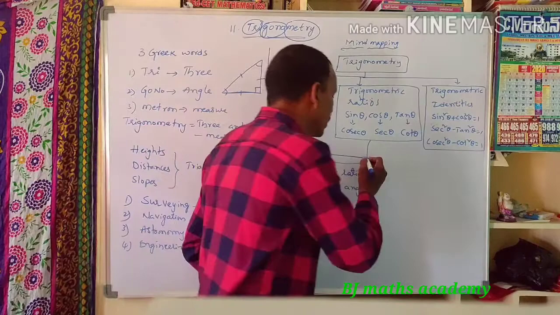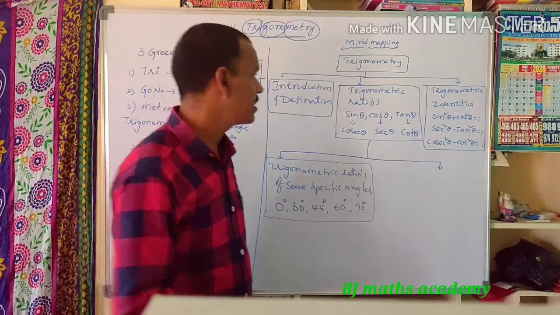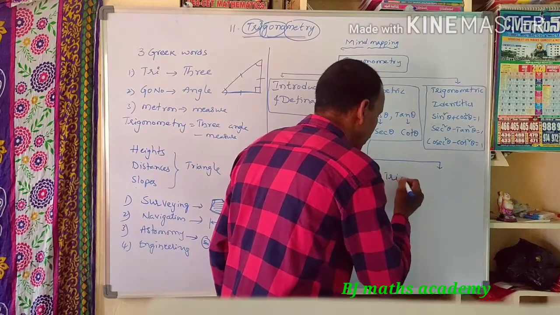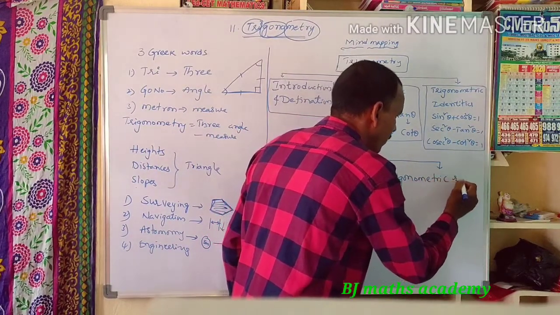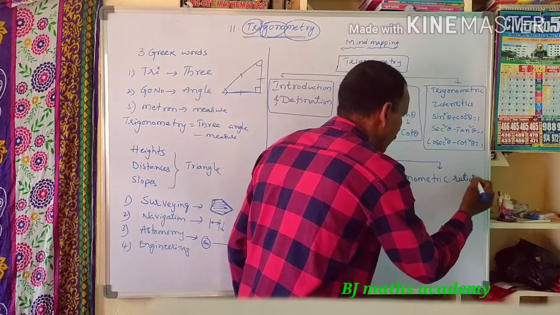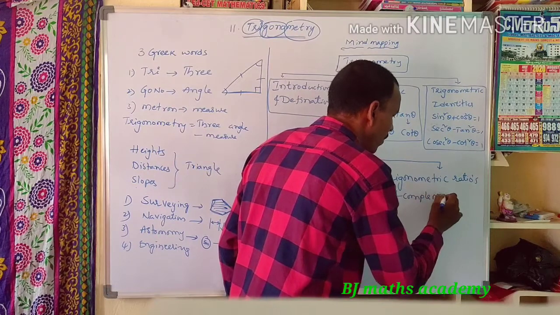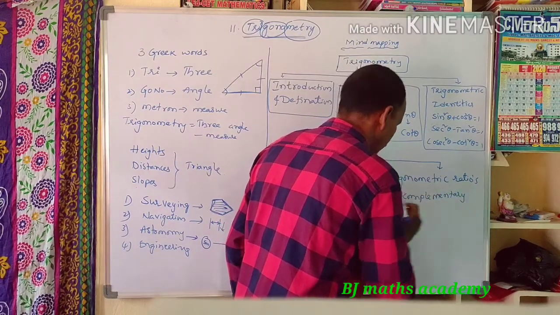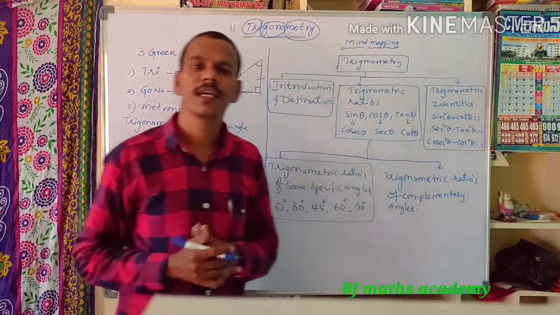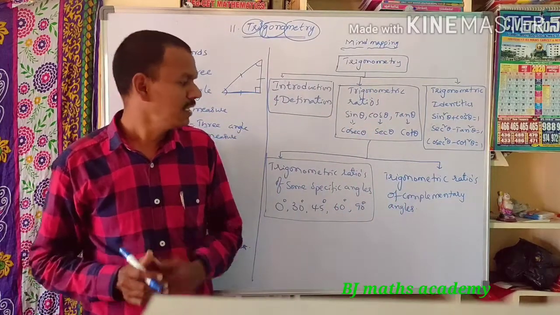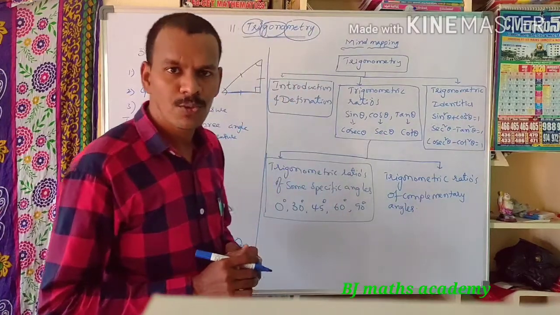Now go to the other dividing part, that is trigonometric ratios of complementary angles. So what is meant by complementary angles? Already we have studied about complementary angles. Complementary angles means the sum of 2 angles is equal to 90 degrees.